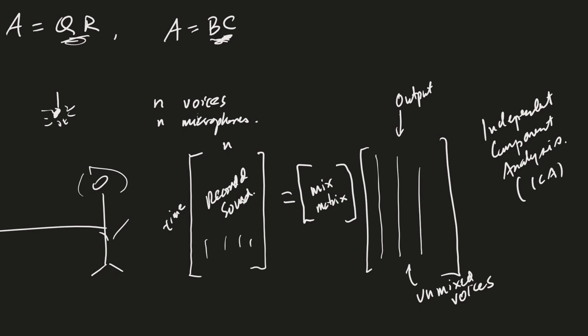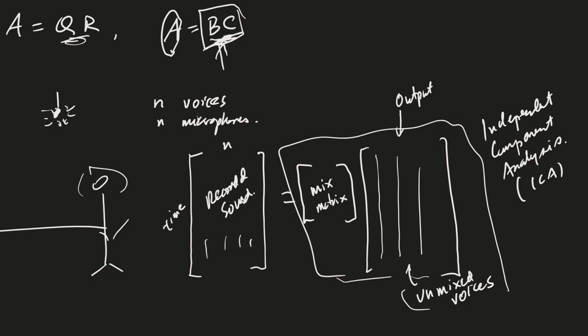So that's kind of a fun problem, and really the basis for this problem is, given a matrix A, you're trying to figure out different ways of decomposing the matrix into different products. And so this product has certain nice properties that we would have to define. Okay, so somehow we'd want to get unmixed vocals here. That's kind of fun.